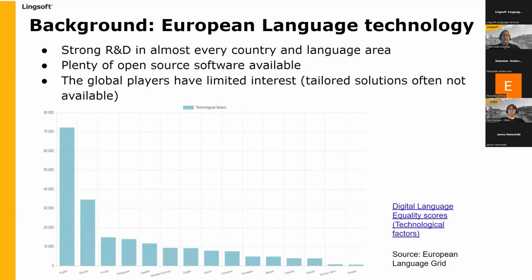So what is the background? In Europe, there is a lot of R&D in the language technology field in almost every country, in every language area, and there's quite a bit of open source software available as well. But it is somehow niche and might be just for a particular problem for a particular language.